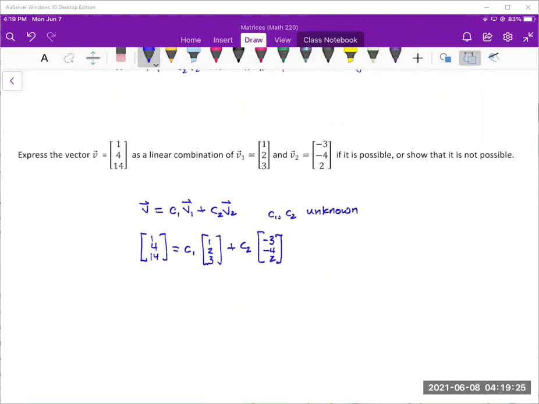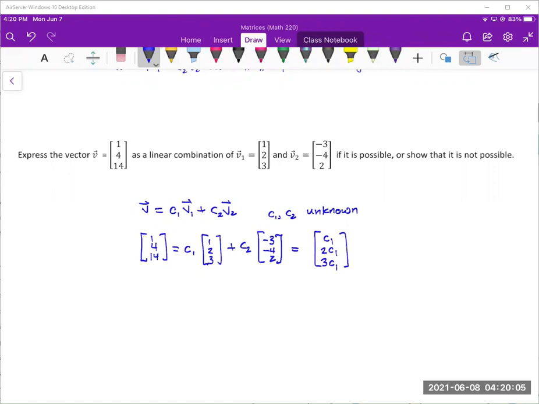Okay, so we want to know if the vector on the left can be written as the sum on the right-hand side. Let's combine this right-hand side a little bit more. If we wanted to scalar multiply the vector (1, 2, 3) by the number c1, we're going to multiply each term in the vector by c1. So that's going to look like 1 times c1, 2 times c1, and 3 times c1.